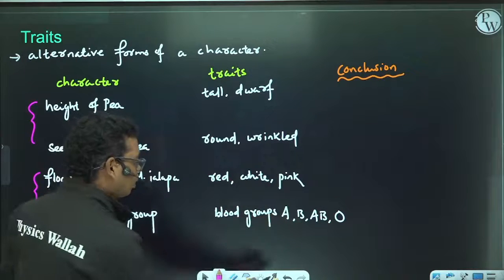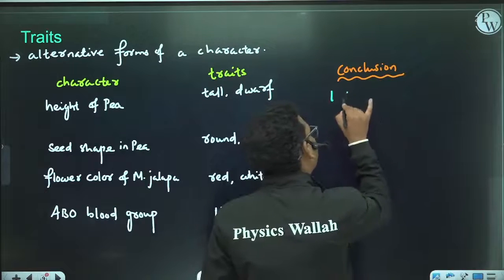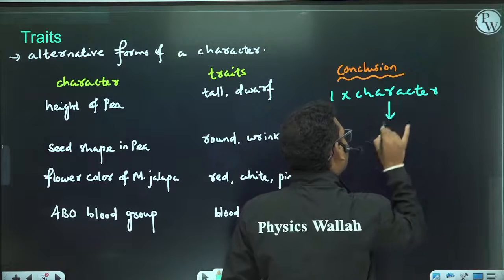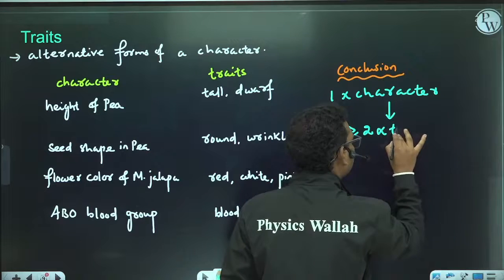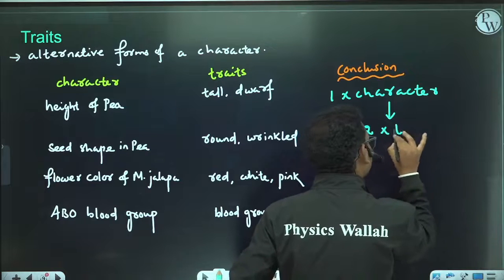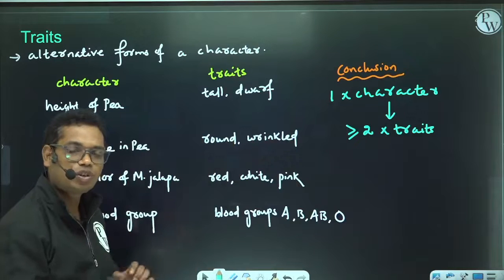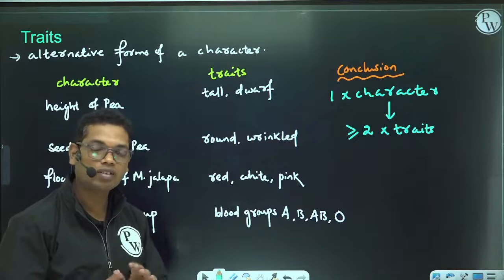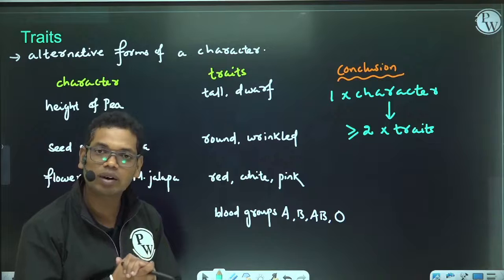That is why I can say that one character will have 2 or more than 2 traits. So any physiological or morphological well-defined feature of an organism is called a character, and the character will have some alternative forms, and those alternative forms are nothing but the traits.